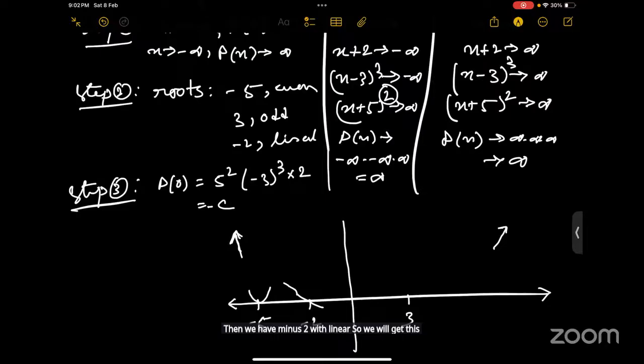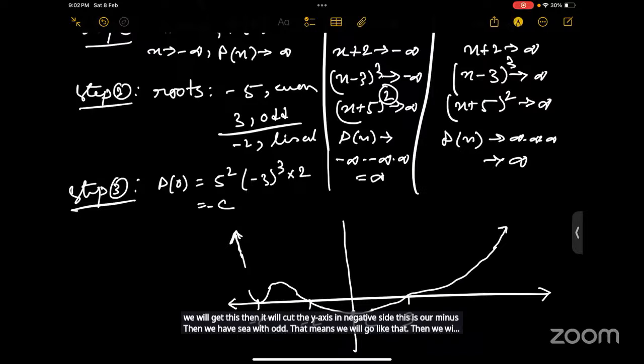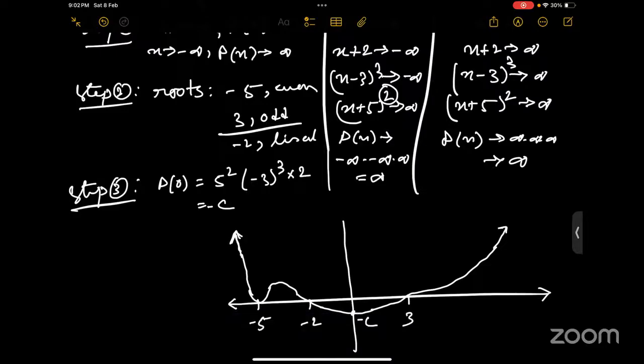We join these two, and it will cut the y-axis on the negative side. This is our -c. Then we have 3 with odd multiplicity, that means we will go like that, and then join these two ends. Is it fine? Yes, ma'am. Any doubt? No, ma'am.